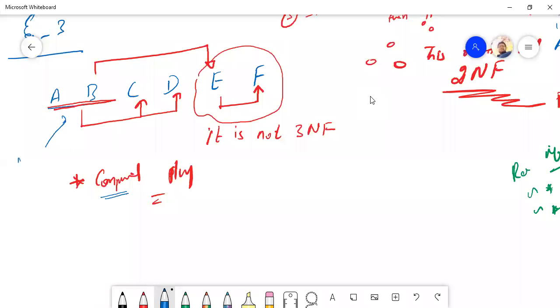If only A is the primary key, then you don't need to think about partial dependency, because it is not composite. It is a single primary key, so it is easy. But if you find a question with a composite key, then there may be a chance of partial dependency.